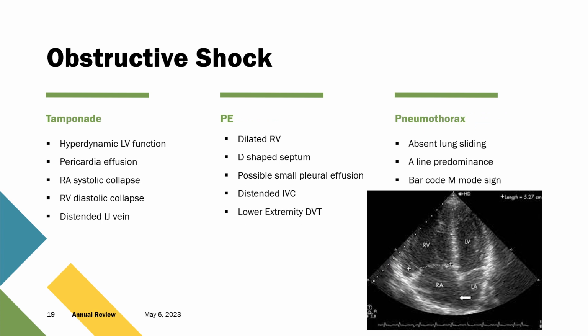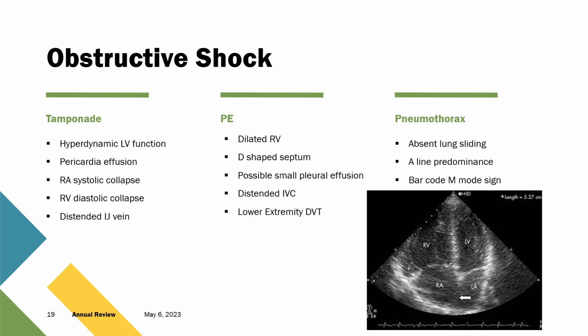Now, obstructive shock. This can be caused by a couple of different things, primarily tamponade, pulmonary embolisms, and pneumothorax. If the patient has tamponade, they have this building up of fluid in a pericardial effusion, which is going to decrease the heart's ability to pump normally. So what you'll see is that the heart, not able to have good strong contractions, is going to start to have more small hyperdynamic contractions.